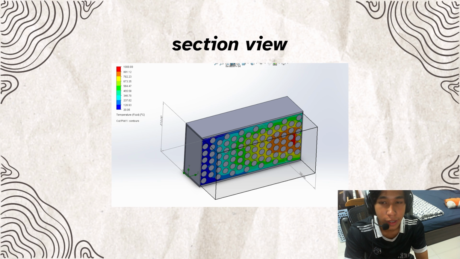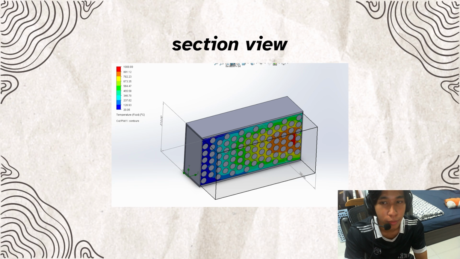So as we can also see from the simulation, as the air flows past each tube, the temperature gradually increases from the start at 20 to, by the end, around 600 to 700, and at some point even 800.